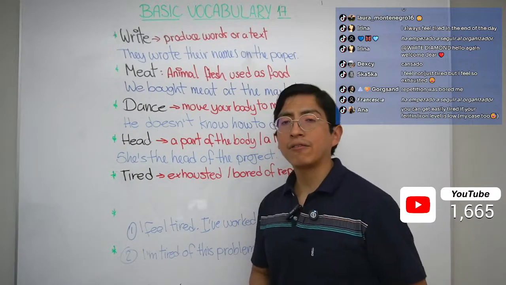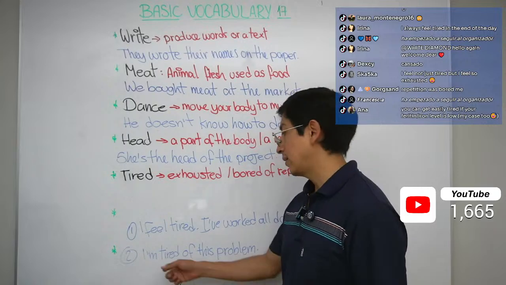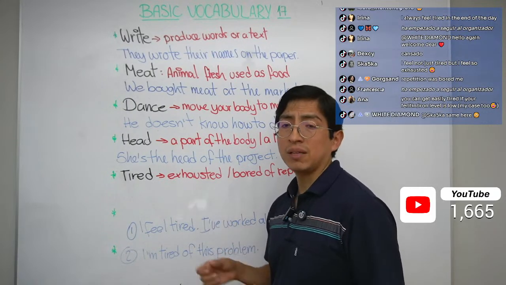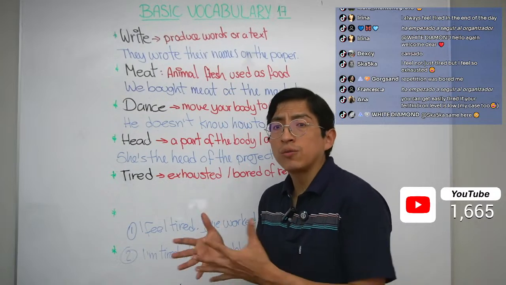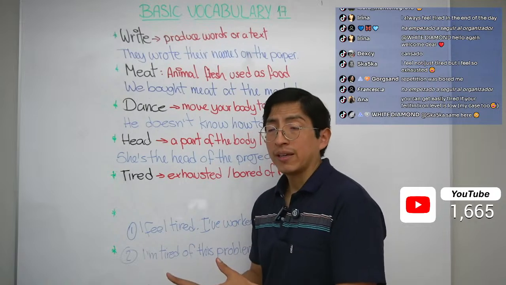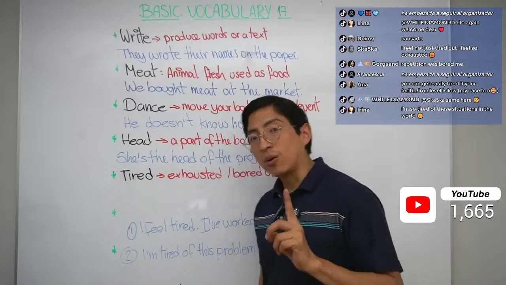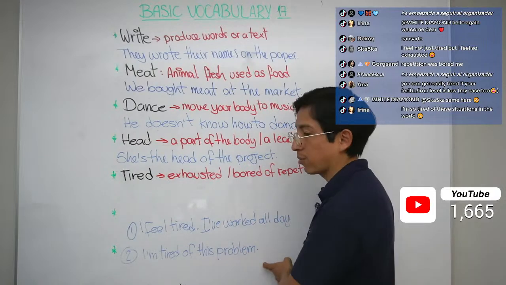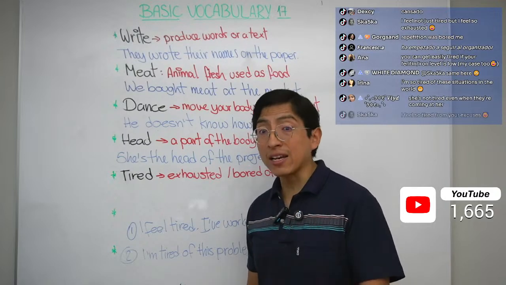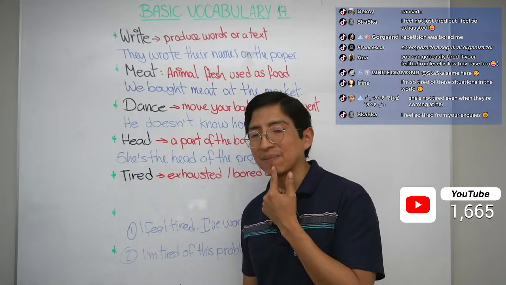So imagine you have a problem and it repeats again and again. You can say, I'm tired. It doesn't mean I'm exhausted. It means that you want to get rid of this problem because it's very annoying. So you can say, I'm tired of this problem. Or I'm tired of your attitude. I'm tired of your lies.